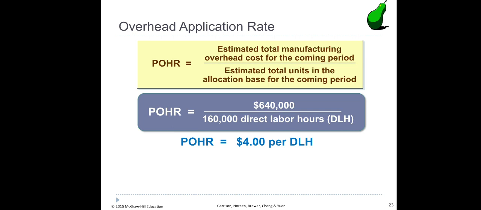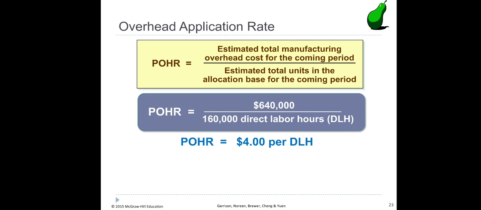Okay, this is the calculation for POHR. Remember the formula: POHR is budgeted or estimated overhead divided by budgeted or estimated allocation base. In this example, let's say the estimated overhead is 640,000 and the budgeted or estimated allocation base is 160,000 direct labor hours.